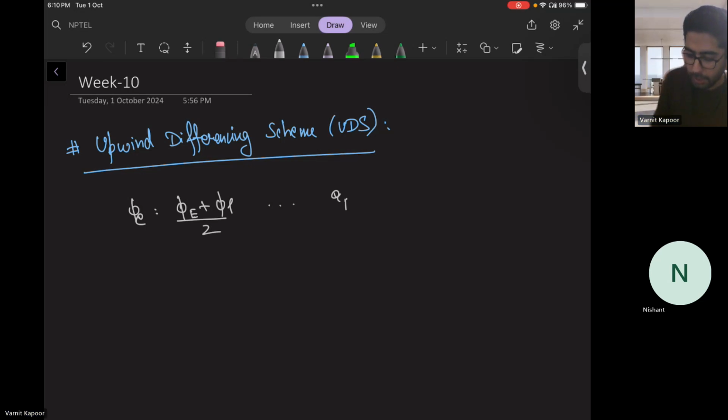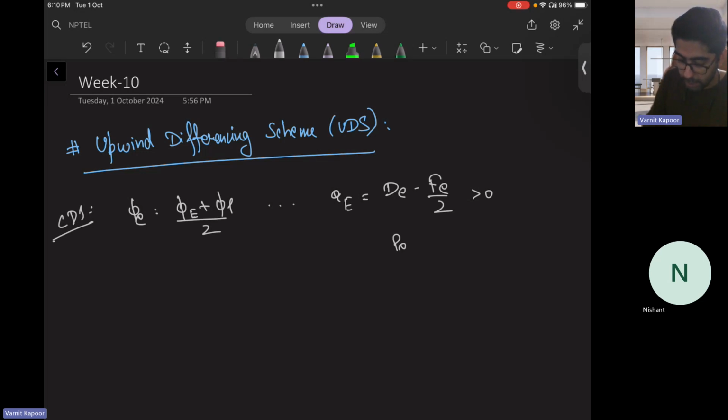So AE was DE minus FE by 2 in CDS. Here you define that it should always be greater than 0 to get stable results. So you came across that the Peclet number should be less than 2.